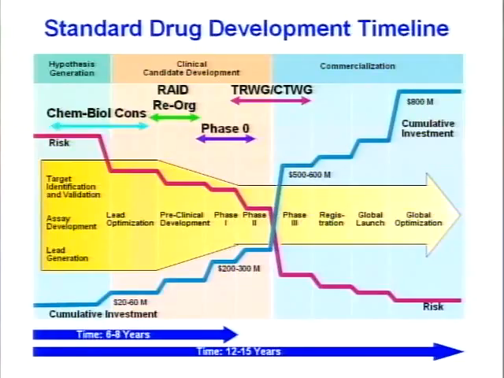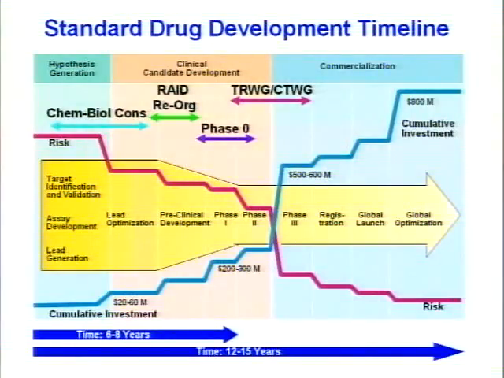We have put new resources into our RAID drug discovery program, and we're developing a chemical biologic consortium to facilitate drug discovery. These are all things that we've initiated within the past 18 months since I've been at the National Cancer Institute. Our goal is to work on this particular barrier, to reduce it with a target of 6 years.